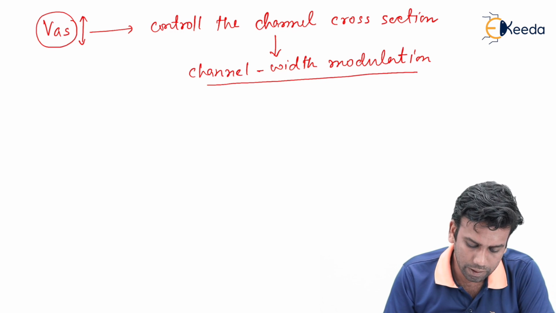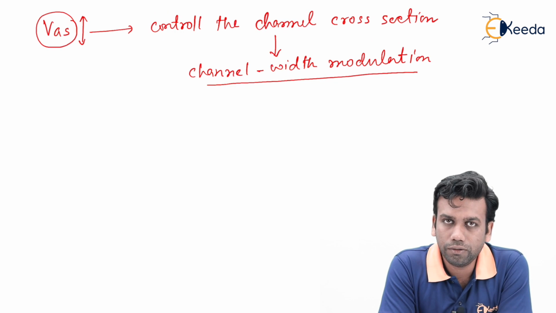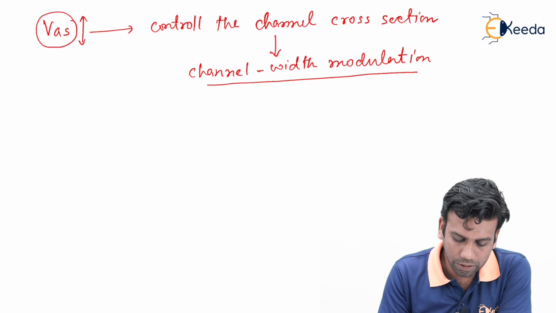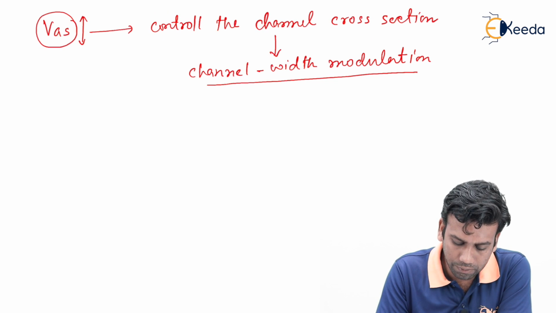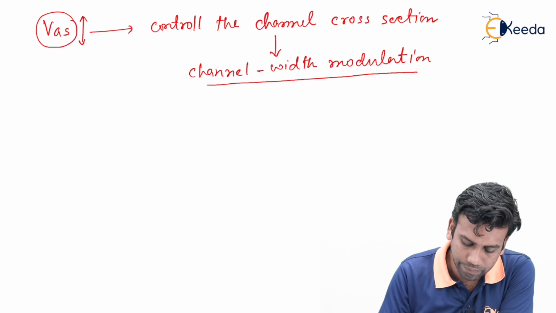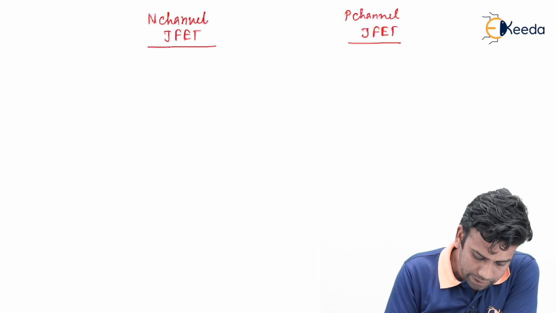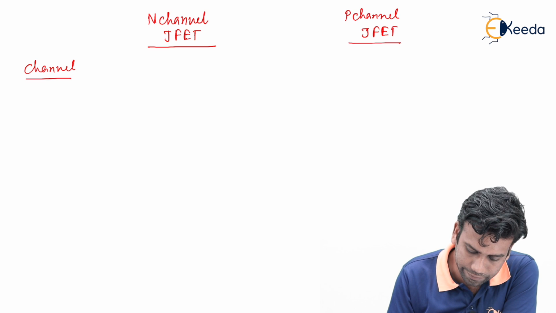Now we have already done the total discussion on the P-channel JFET. So far we have covered the total operation of the P-channel JFET. Now let us summarize all these things with respect to the N-channel JFET also. That means we will see the channel for N-channel JFET as well as the P-channel JFET.